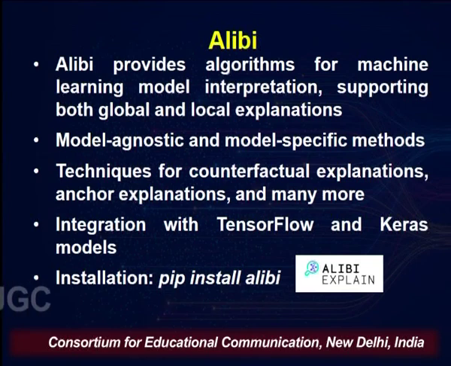So different types of explanations at the local and global level can be seen through the Alibi library. Its integration requires the TensorFlow and Keras libraries that are existing within Python.